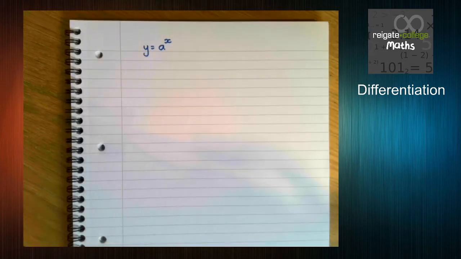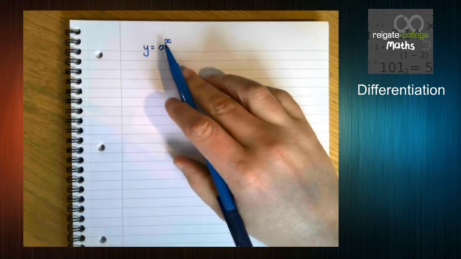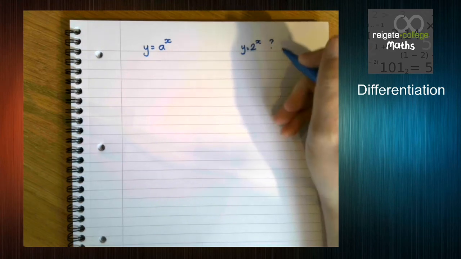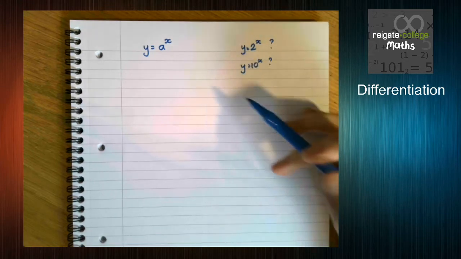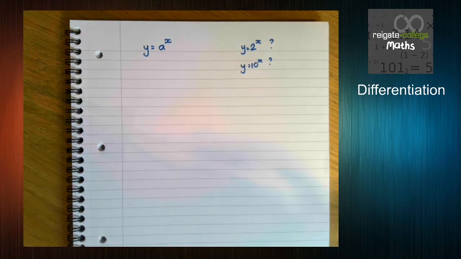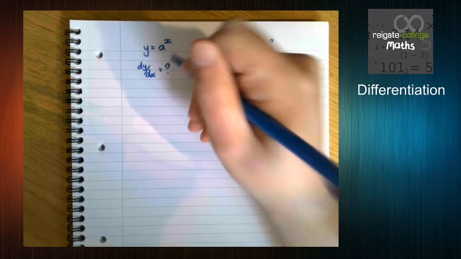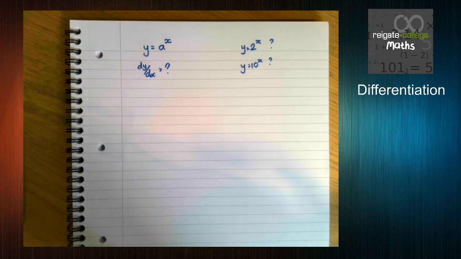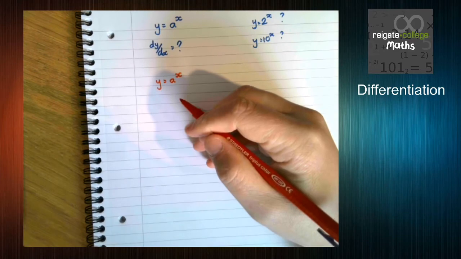But what happens if our base isn't e? If it's some number, so something like 2 to the x, for instance, or 10 to the x. Well, we can use the property we've just looked at to figure out what the derivative of this is. So, we have y equals a to the x.